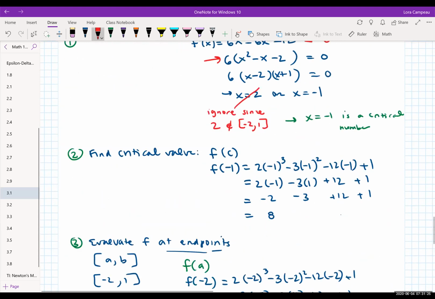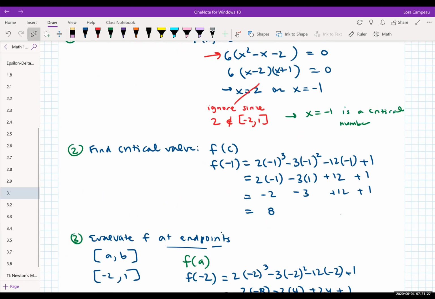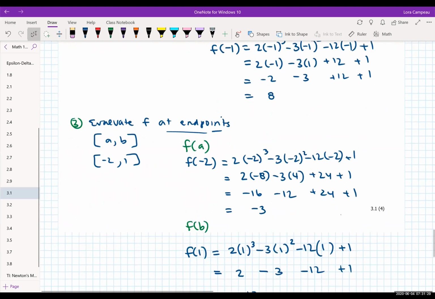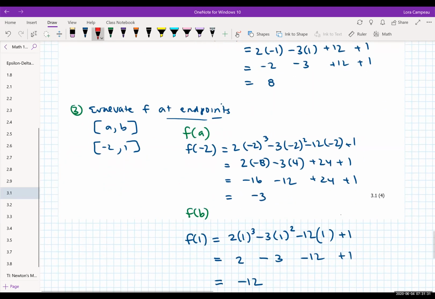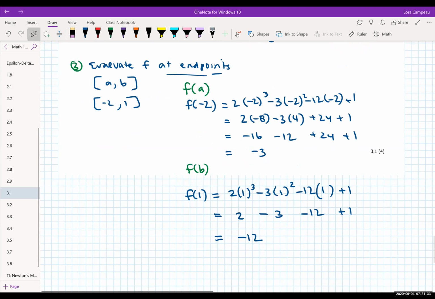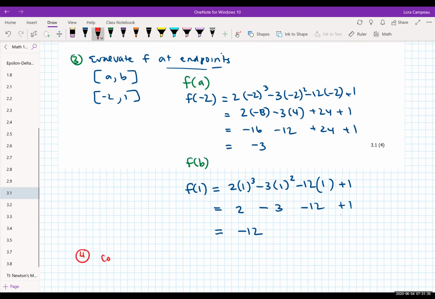And, you know, yes, you could have made it easier, just plug it into your TI, that's no problem. But what I'm looking at is the 4th step. This is where I'm comparing all the y values.